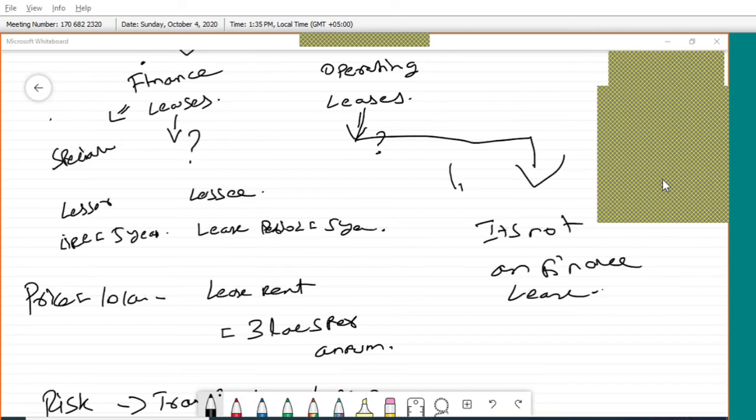Insurance policy, lessee has to take care. And what is reward? Utilization, benefit from the asset. Who is going to use the machinery for the business? Lessee is going to use the machinery for the business, and he is going to generate revenue. If both these conditions are satisfied, then it is called finance lease. Otherwise, it is an operating lease.